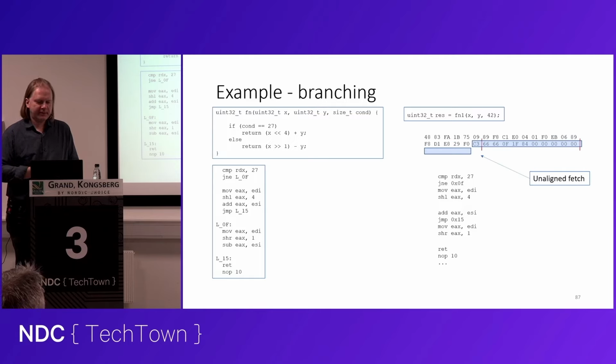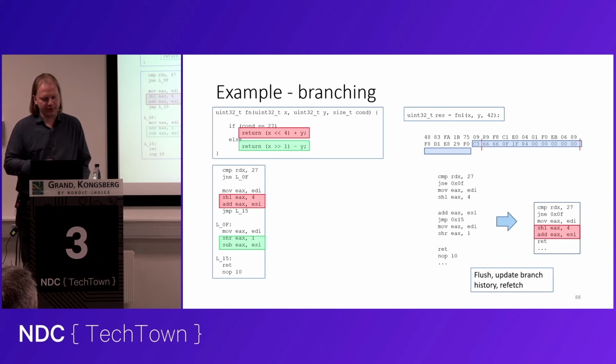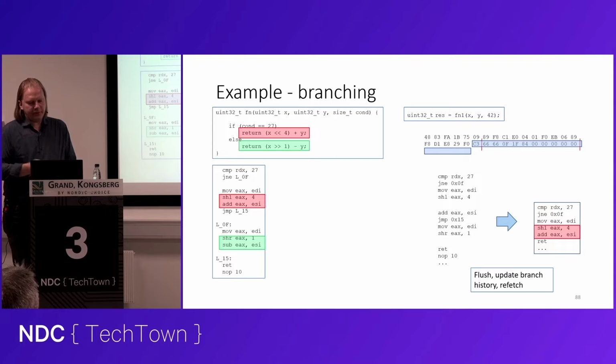Eventually, this is a sequence of instructions that will go further down the pipeline into the execution. So let's try executing that. We call that with a parameter 42, and eventually what happened, the machine doesn't know the outcome of compare to 27, right?